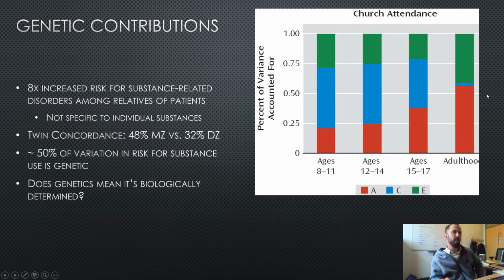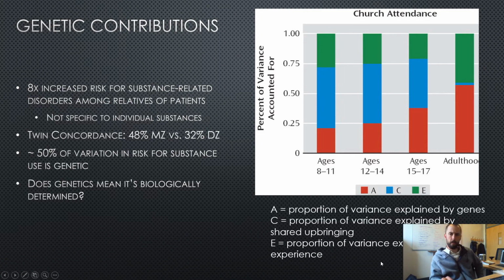And what he's showing here is, let's just look at adulthood to start. Sorry, I want to give you the legend here. So A is the proportion of variance explained by genes. A is red. So church attendance in adulthood is more than 50% explained by genes. C is the proportion explained by shared upbringing.